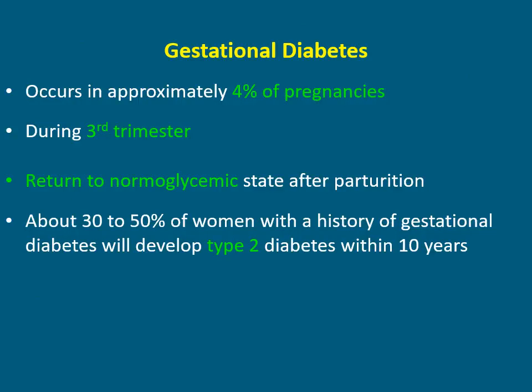It occurs in approximately 4% of pregnancies, with glucose intolerance during the third trimester. It returns to a normoglycemic state after parturition. About 30 to 50% of women with a history of gestational diabetes will develop type 2 diabetes within 10 years.